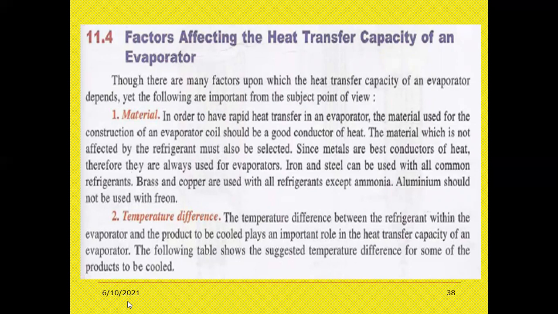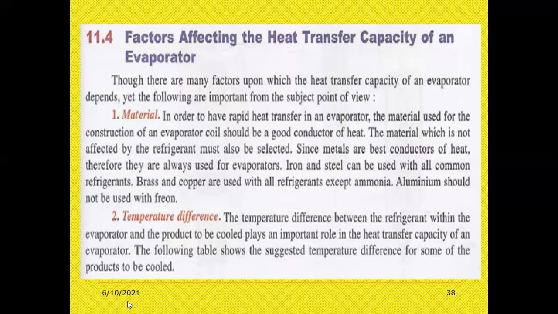The first one is material. What type of material are you using for the evaporator? In order to have rapid heat transfer in the evaporator, the material used for the construction of the evaporator coil should be a good conductor of heat. Heat transfer in the evaporator is the main topic we are discussing.